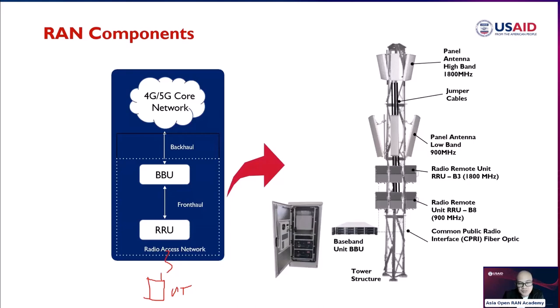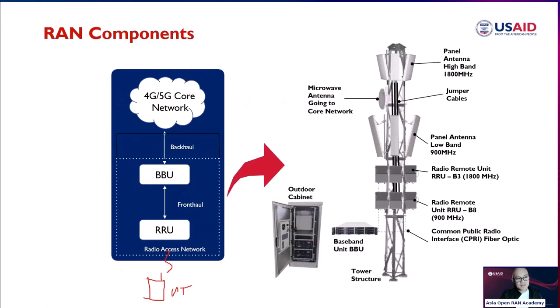Together with the BBU, we have the transmission network. The BBU is commonly found inside a cabin or an enclosure like this, where the power supply is located, along with ventilation, batteries and the transmission unit. The transmission unit in this example is microwave, or wireless. So wirelessly, we are connecting the radio access network to the core network here.